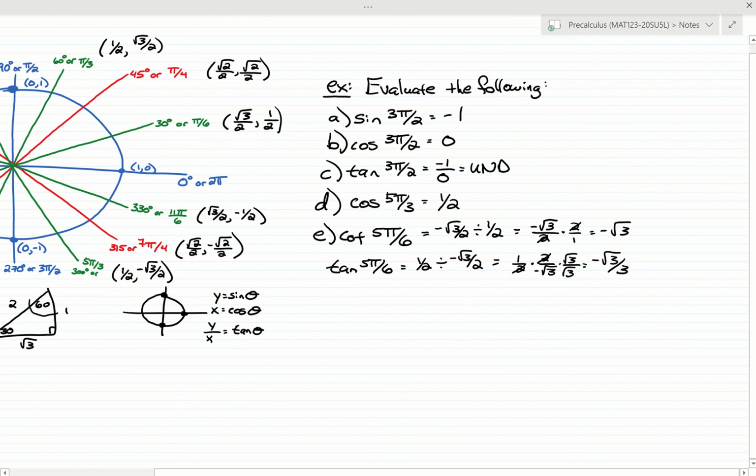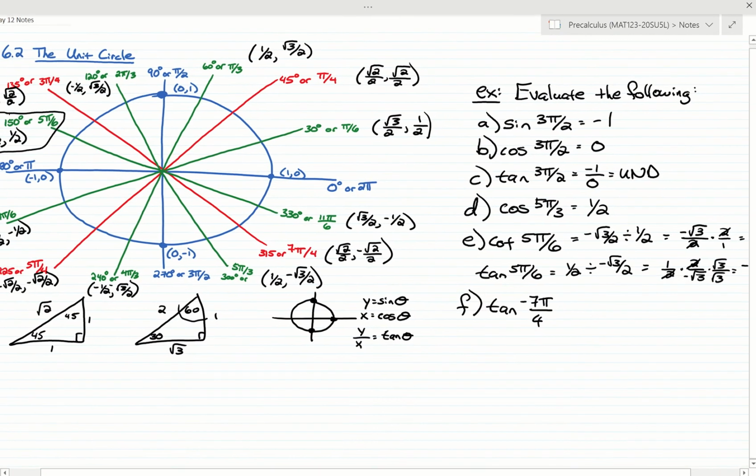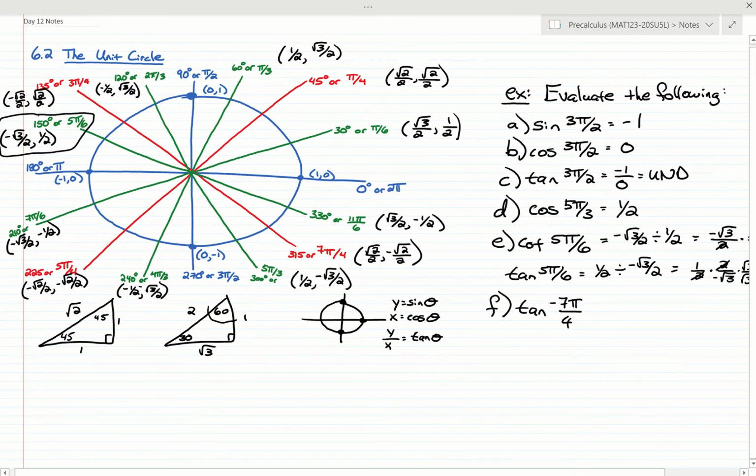What about if I asked you for the tangent of negative 7π/4? Now, let's see if we could figure this out just by using the unit circle before we even convert to degrees. π/4, remember, was 45 degrees. So we're going to go 7 times around in the negative direction.